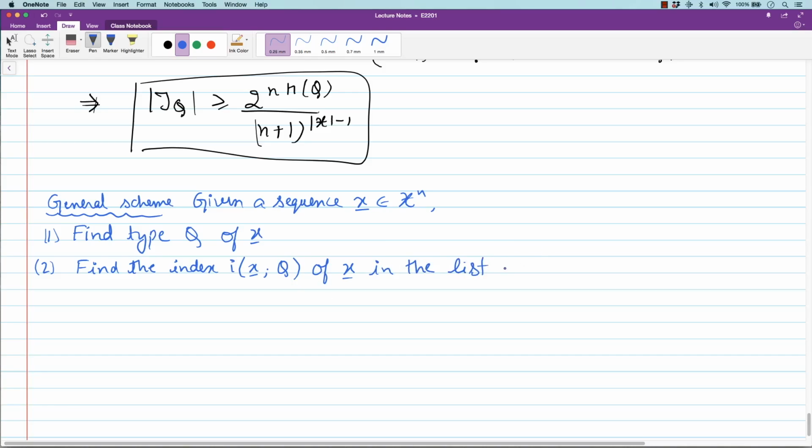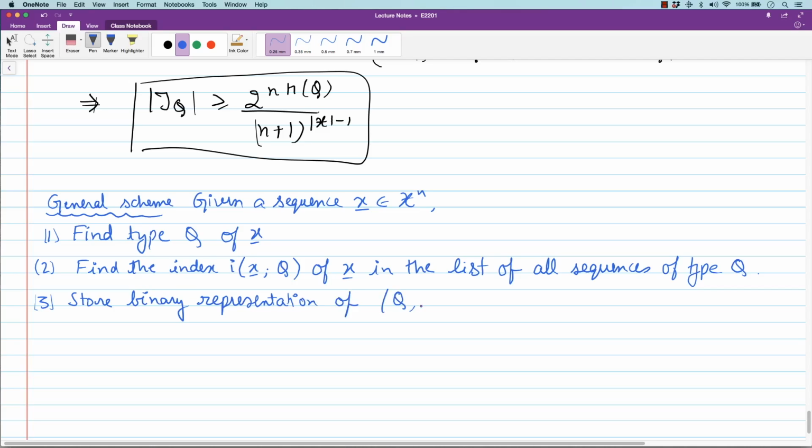For each type we have a table of all sequences of type q, and then store the binary representation of the type and this index.